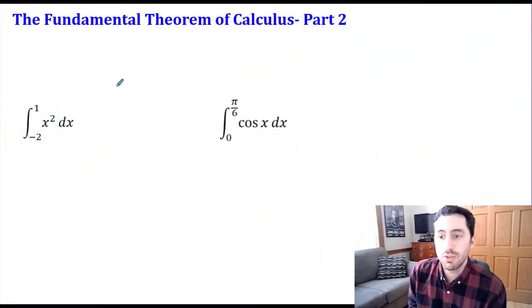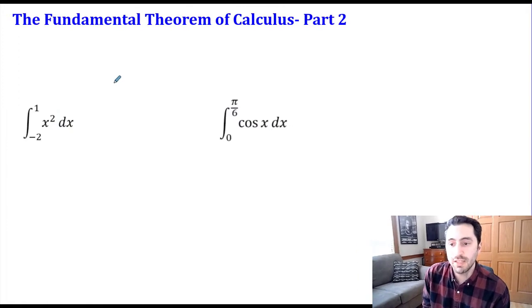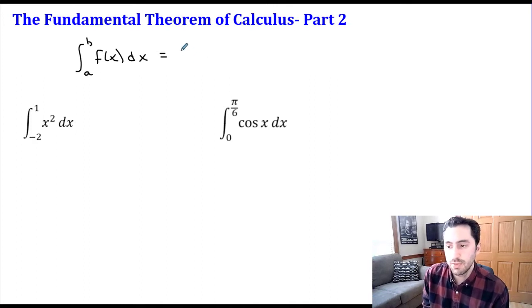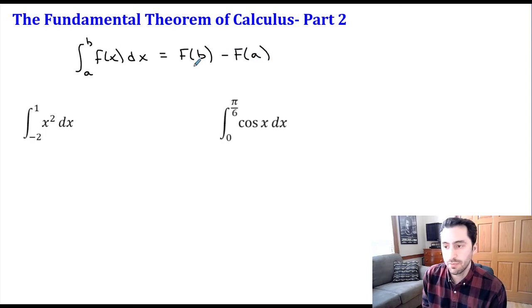So what part 2 of the Fundamental Theorem of Calculus says: if we have a definite integral, so let's do an integral from a to b, so our closed interval here, of a function lowercase f of x times dx, we're going to be using the antiderivative. So this integral is going to be equal to capital F of b minus capital F of a.